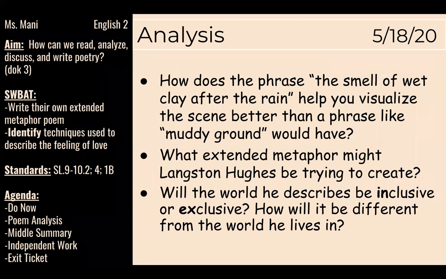So that's definitely something to include. And then inclusive means that you're including everybody, versus exclusive meaning you're excluding, like keeping certain people out. So the world that he describes, is it including people or keeping people out? So how is it different from the world that he lives in?